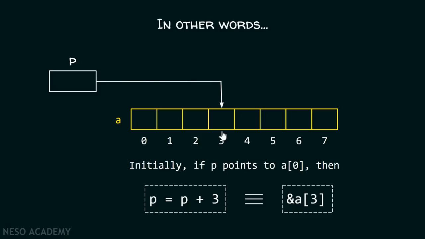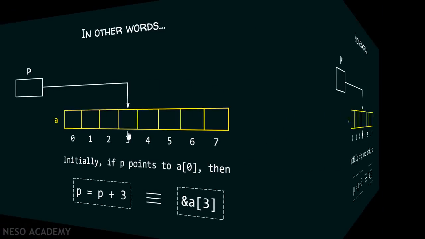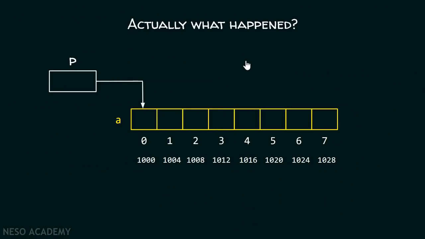Now this is very simple to understand. I gave you the idea of what happens when we add an integer to a pointer. Now let's see what happens behind the scenes. Suppose the base address of this array is 1000, and we will also assume that an integer takes 4 bytes of memory. It simply means that if the base address of the array is 1000, then the first integer will get stored from address 1000 to 1003, and the next integer will get stored from memory location 1004 to 1007 and so on, right?